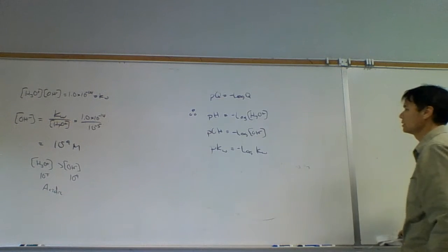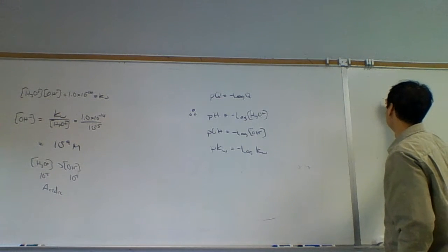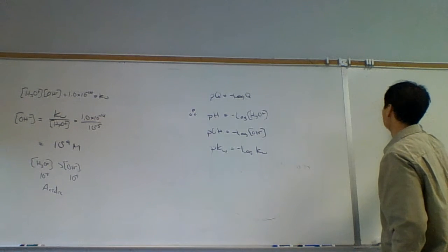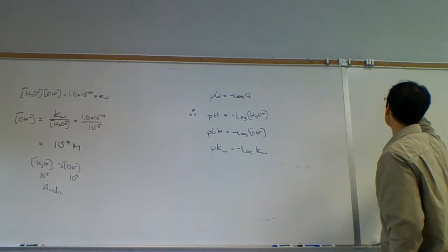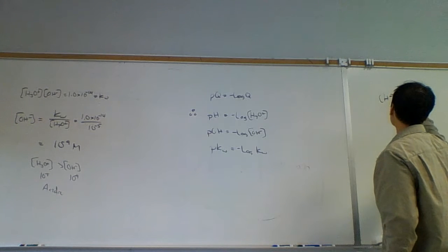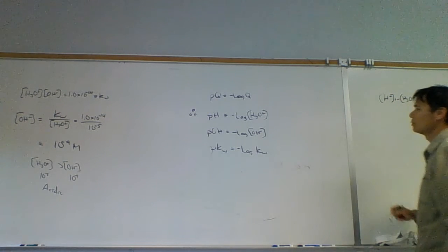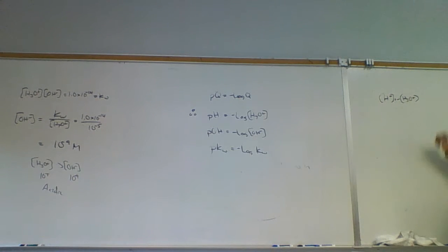So let's take a look at some easier ones. Let's say the H plus or H3O plus concentration, put in square brackets like this, is equal to 10 to the minus 7 molar.